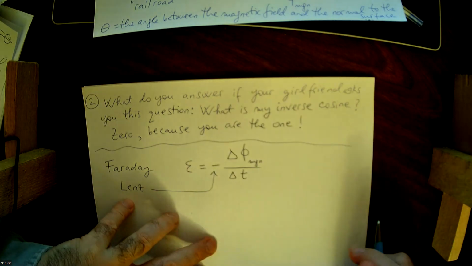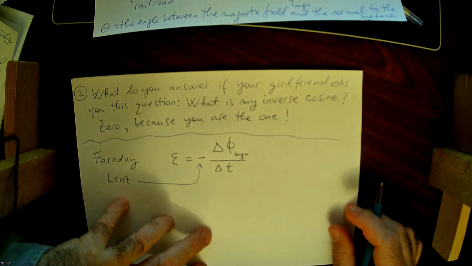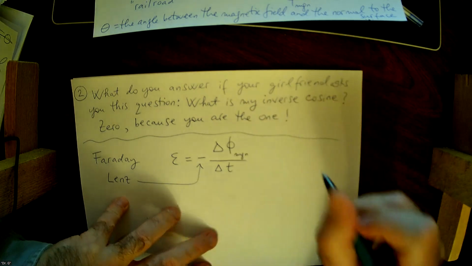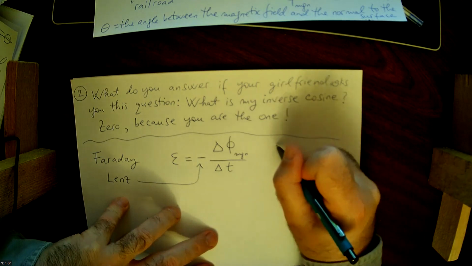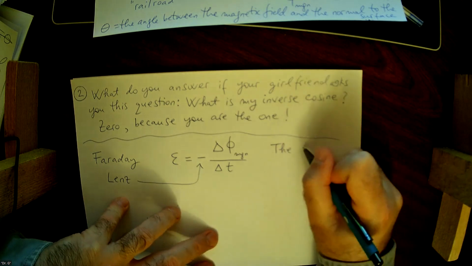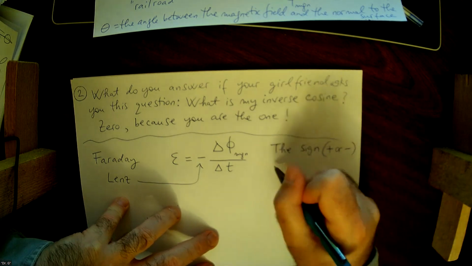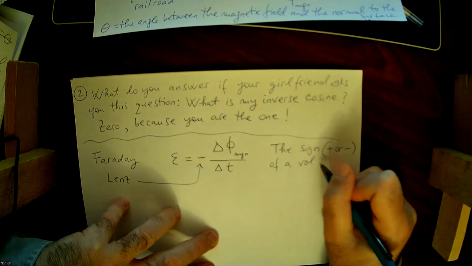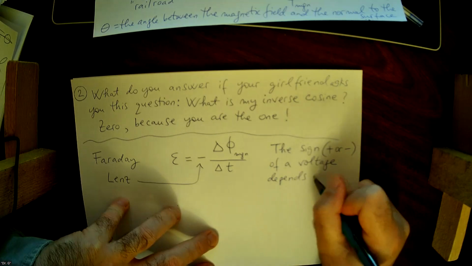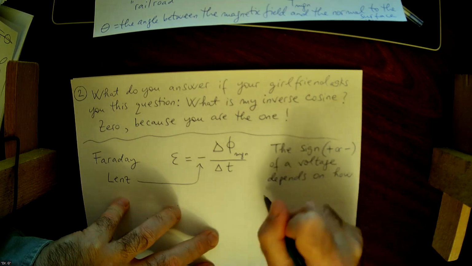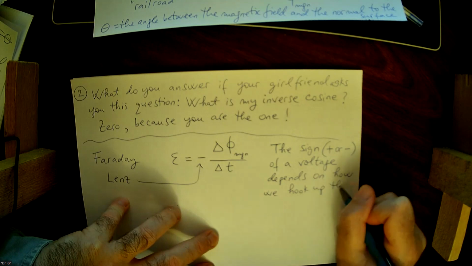This being a voltage, it can be positive or negative depending on how we measure it. The sign, that is plus or minus of voltage, depends on how we hook up the voltmeter.